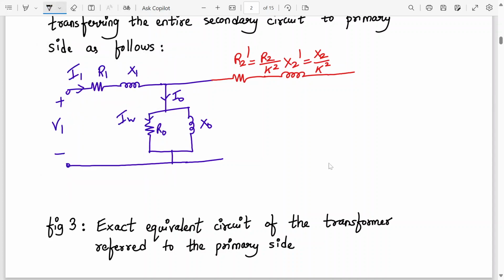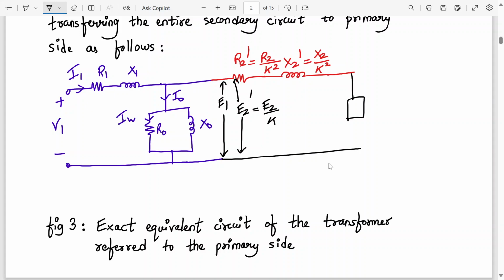So here we show the voltage as E1, and if we want to show E2 dash without showing the transformer, we can show it over here itself. E2 dash, E2 gets transferred by E2 by K. Okay, this gets extended, and here we have the load.